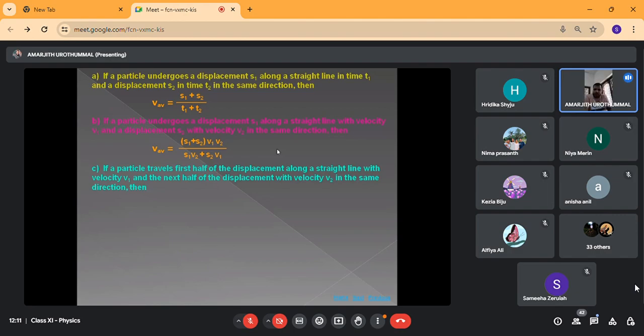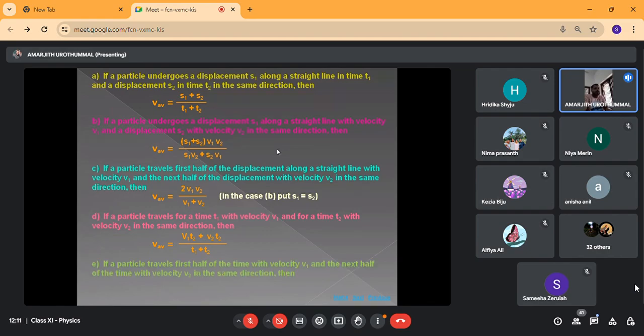And if the first half is traveled with a velocity v1, second half with a velocity v2, then 2 v1 v2 divided by v1 plus v2. If t1 time with velocity v1, t2 time with velocity v2, then (v1 t1 plus v2 t2) divided by t1 plus t2.